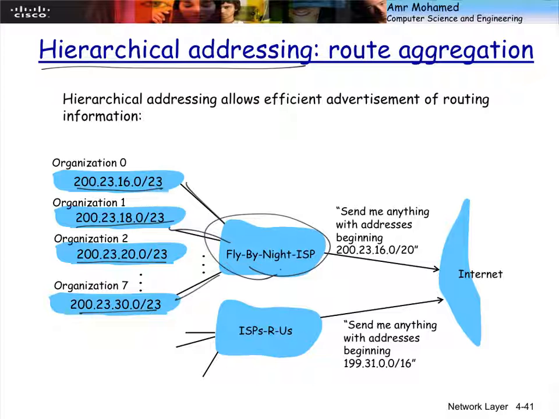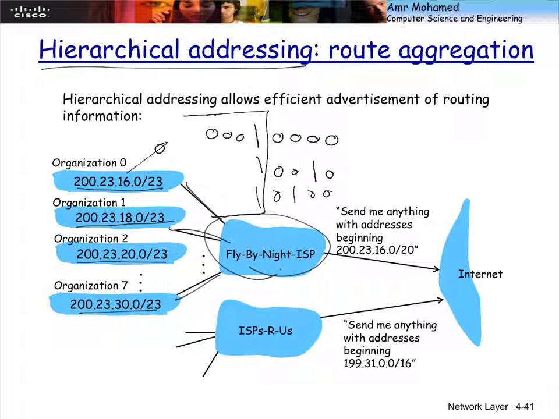So the subnet mask here is 23. And in fact, if we convert this number to binary, 16 is actually 0001 and then 0000. Right? 18 is like 1, and of course you add 2 to it, so it's like this. And then 20, you add 2 to this, so it becomes 001, 01, and so on. Okay? So if you look at these numbers, they all have a common part.